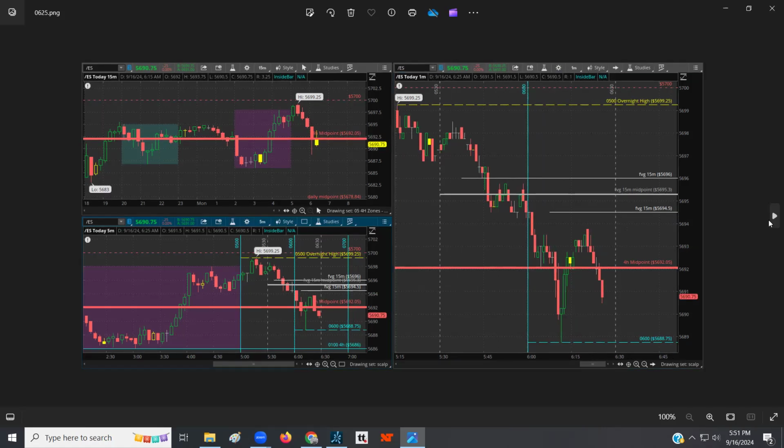0625. 5 minutes before this 15-minute candle gets done, it's still an inside candle. The 5-minute chart is trending down. And I did label this.